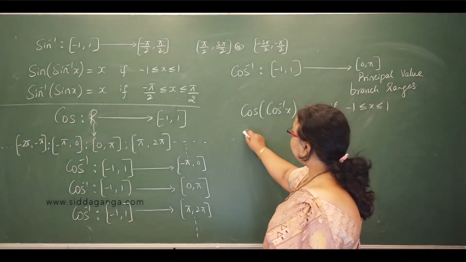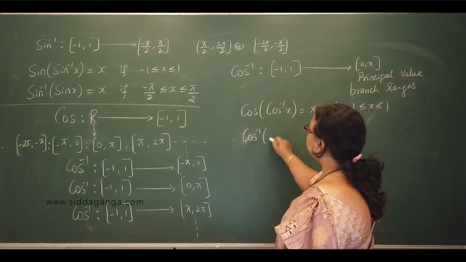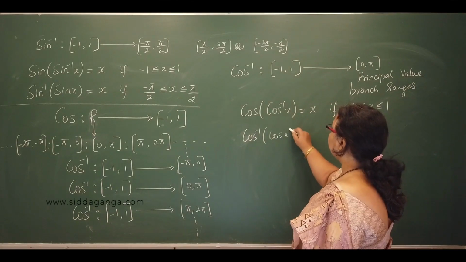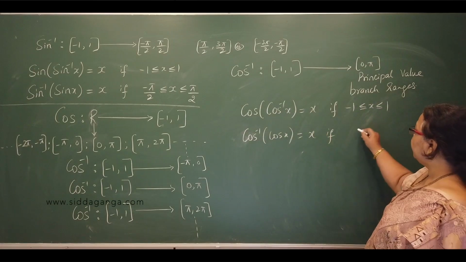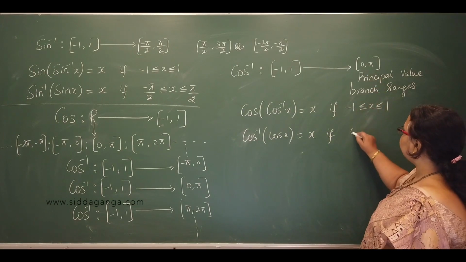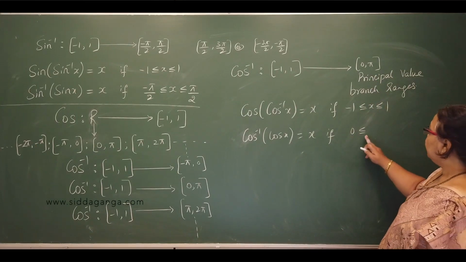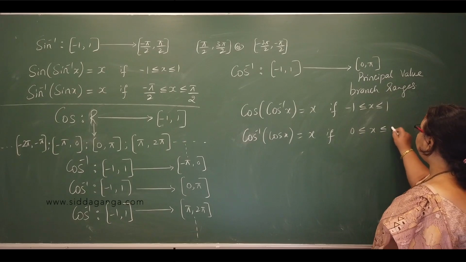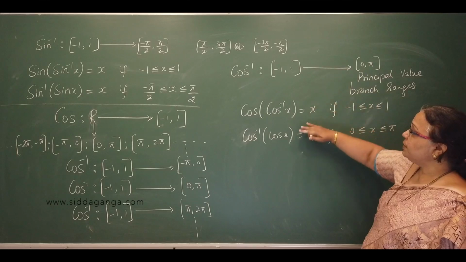And cos inverse of cos x is taken as x only if x belongs to the closed interval, the principal value branch range, that is 0 less than or equal to x less than or equal to pi. Finally, we should know this result.